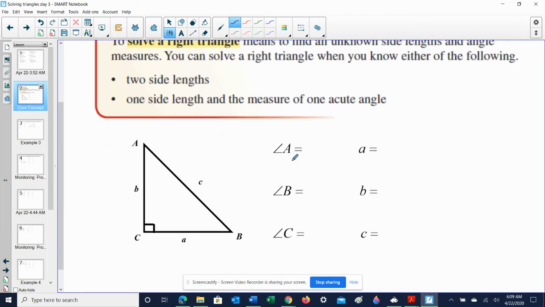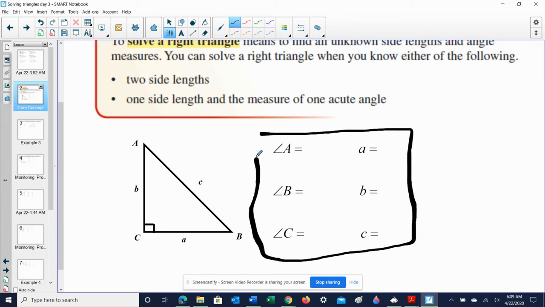What I find most helpful is making a little table like this. I have put them into the problems for today, but you should probably do this as you're doing your own problems. Angle A, angle B, angle C. We're going to have three angles, three sides, a, b, and c. Now, how did I get these letters?